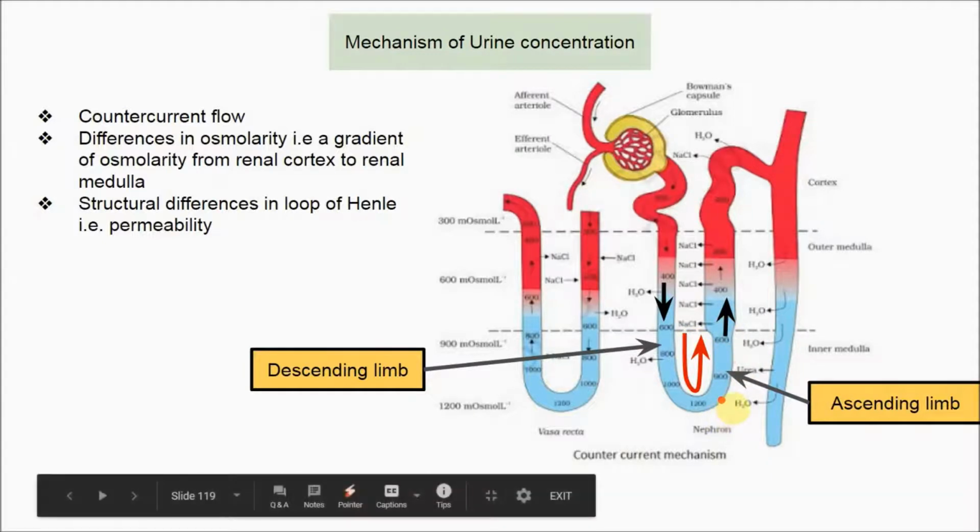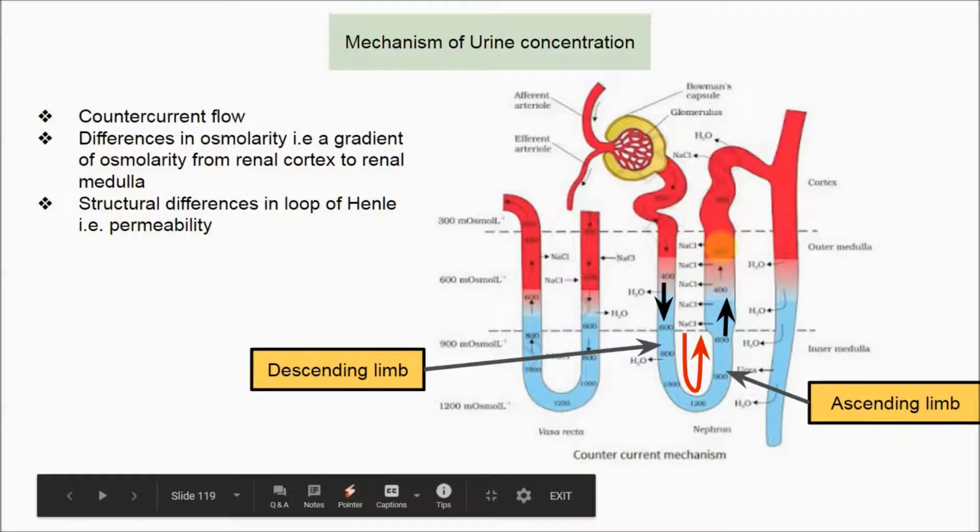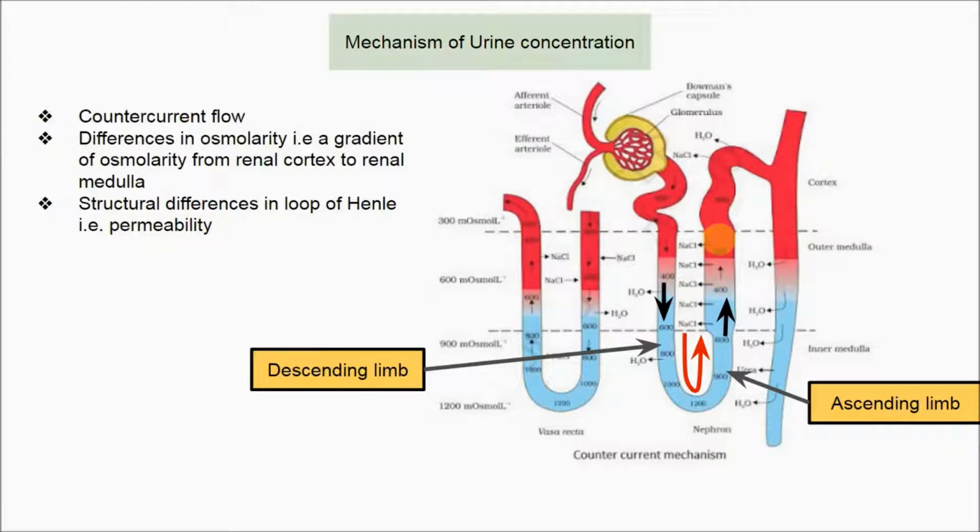So this hypertonic solution, by the moment it reaches the cortex, becomes hypotonic. Why does it become hypotonic? The reason is that while it is traveling through the ascending limb, all the solutes and salts are leaving through the ascending limb.